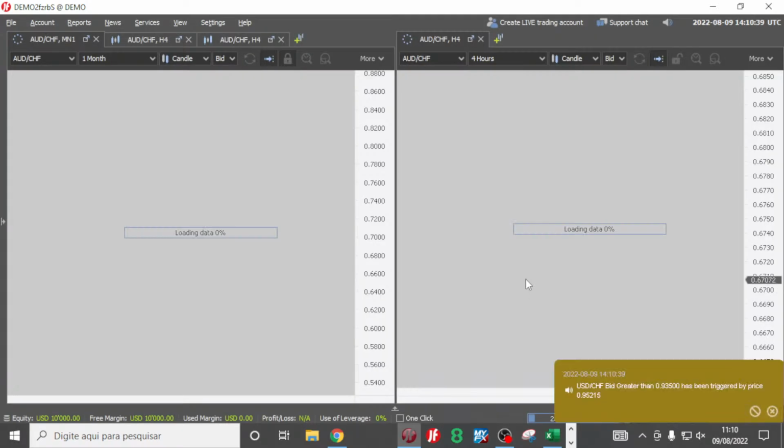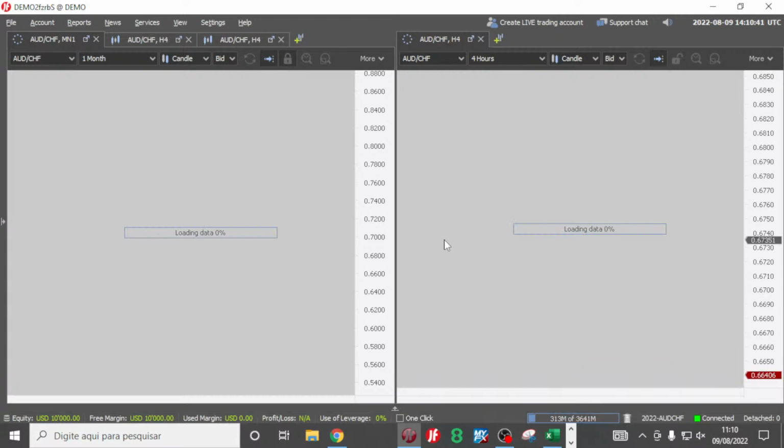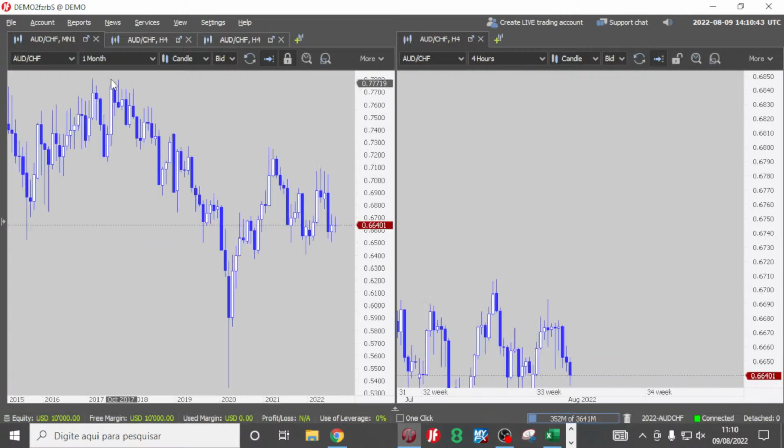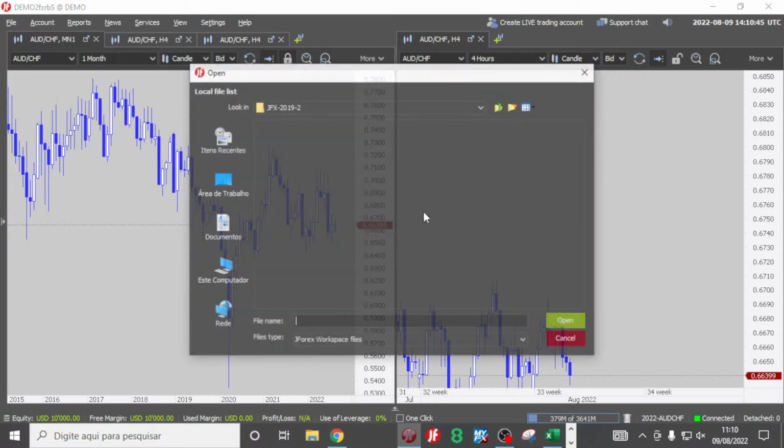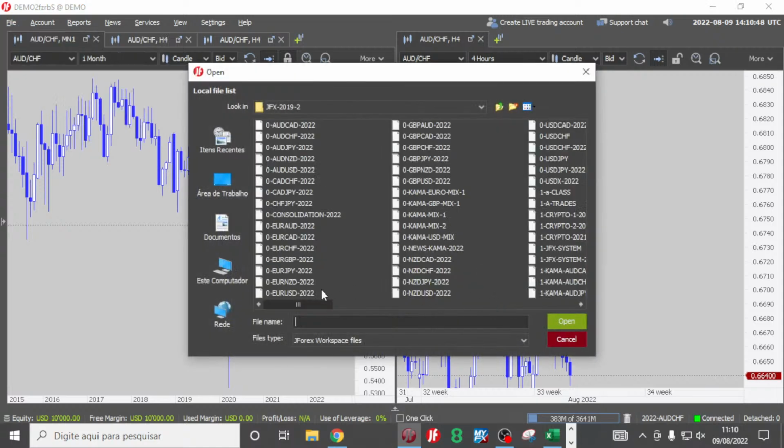Yesterday, everybody, we were talking about the Contrarian Fibonacci in an uptrend. So looks like, no, it's not this one. Where is our AUDCHF, everybody? Give me a second.